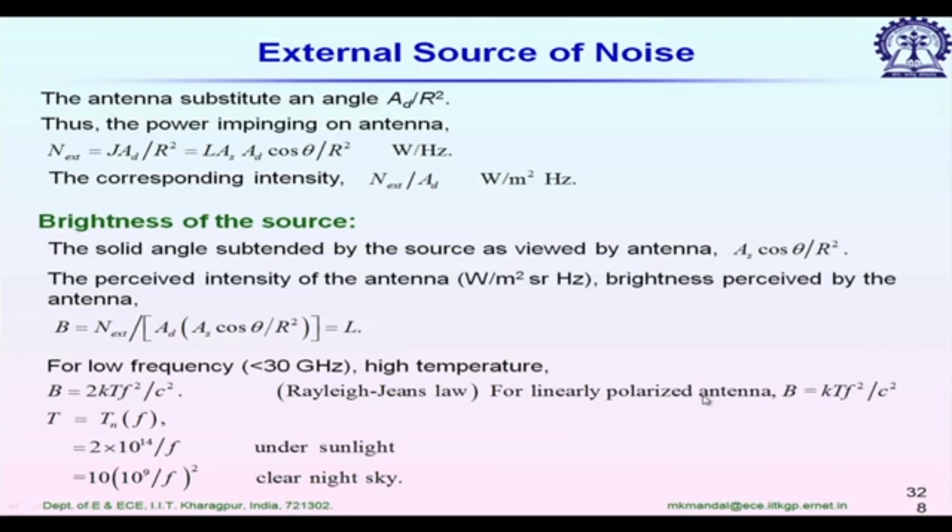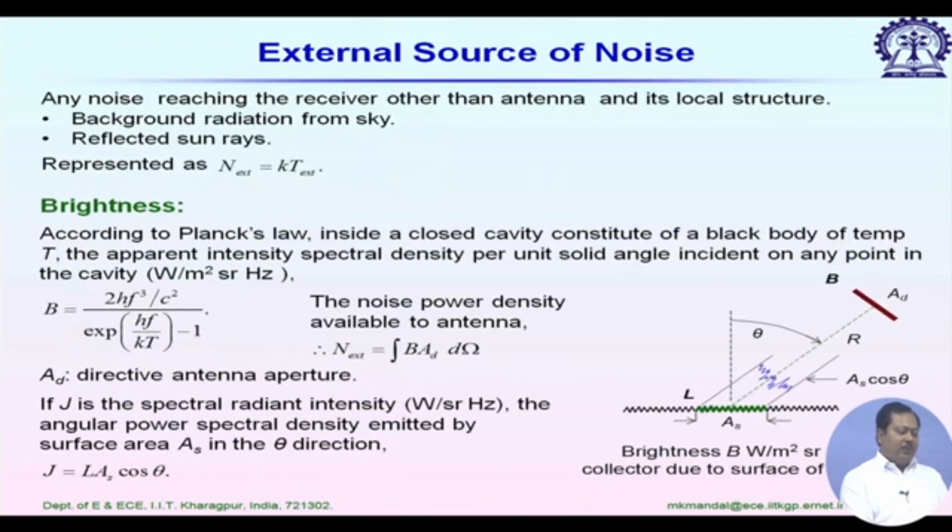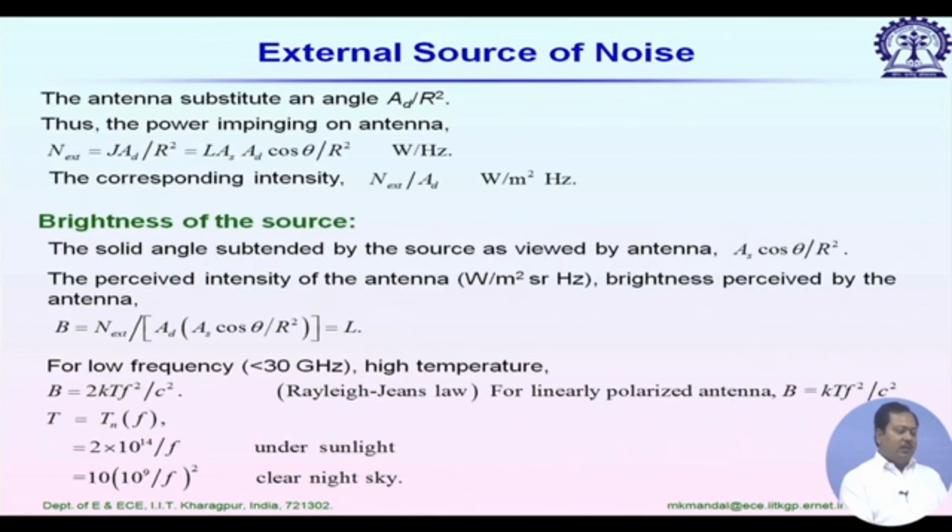Now, the antenna subtends a solid angle AD by R square. If we assume that R is much more than AD, then the solid angle subtended by the antenna is given by AD by R square. Then the total power impinging on the antenna, N external: we have J per unit solid angle, and we multiply it by the total solid angle given by the antenna.